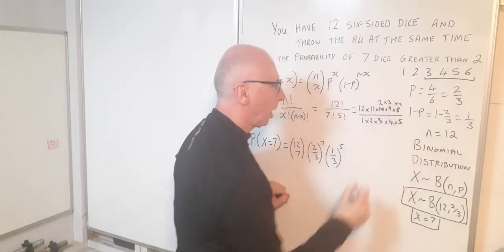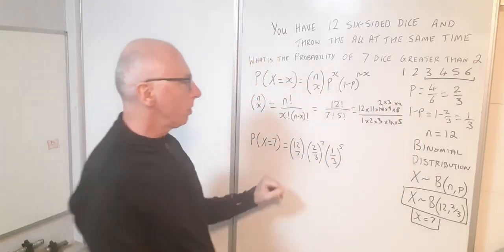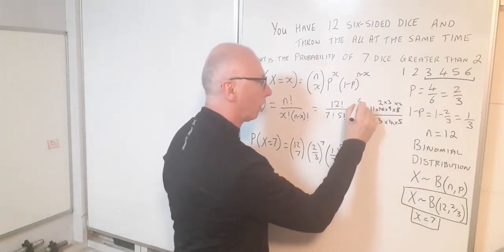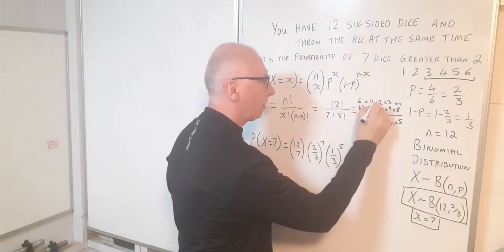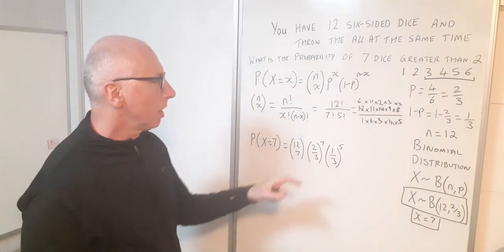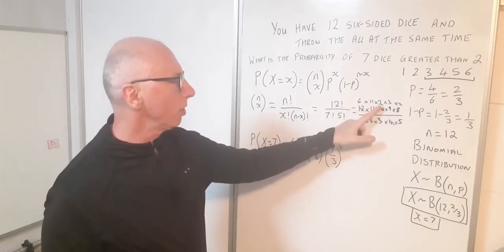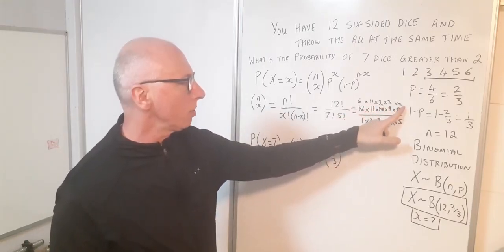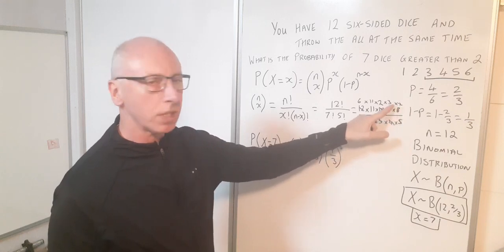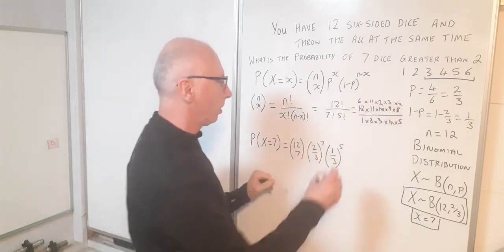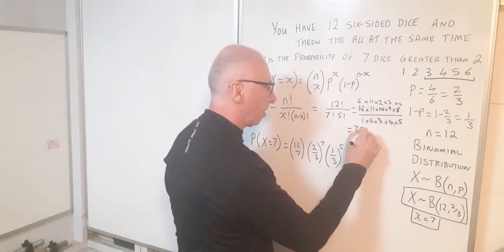I've got a 2, which can go with the 12. So then I've got 6 times 11 times 2 times 3. 6 11s are 66, times 2 is 132, times 2 is 264, and 264 times 3 is 792. So this would be 792.